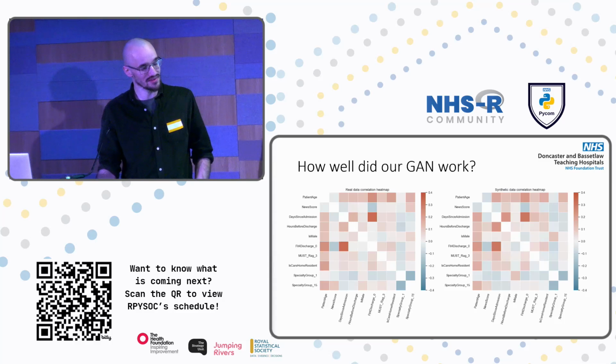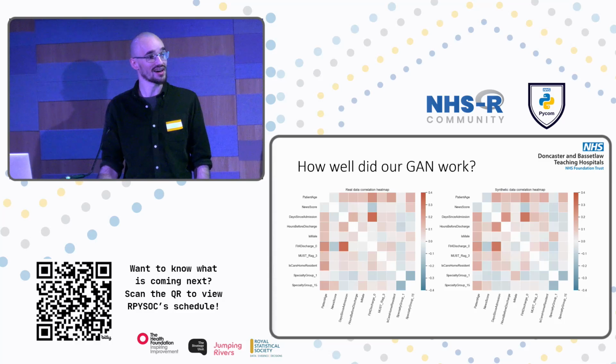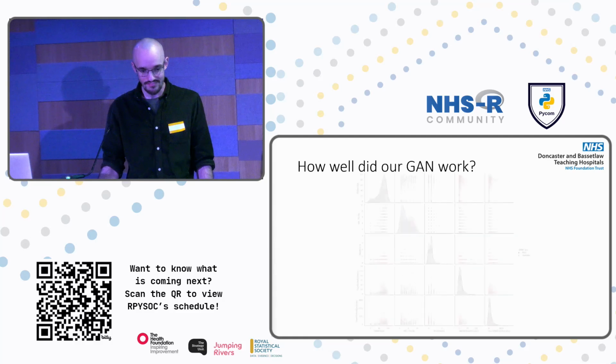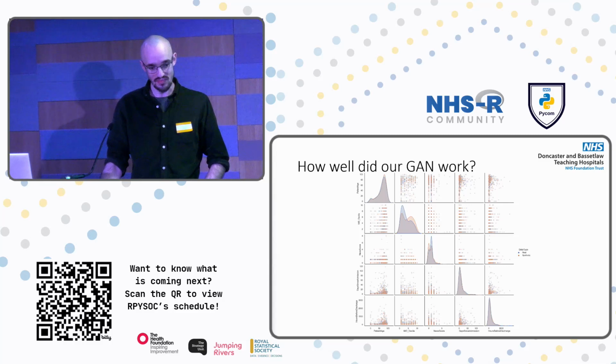But the important thing is that, as you can see, the two heat maps are pretty similar, not perfectly matching as you would expect, but show a strong similarity, so the correlations we want that will allow us to build predictive models are being passed through. And another way of visualizing this quickly, you can see some distributions.